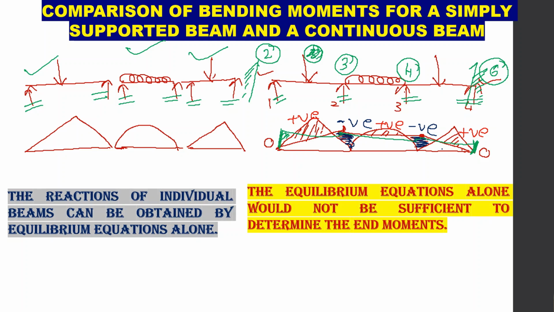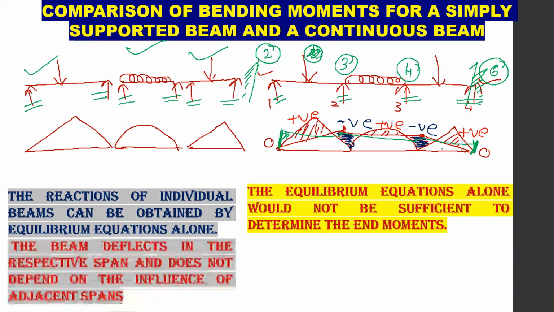So totally you will have 6 reactions. Now, we have only 2 equilibrium conditions, but we have 6 unknowns. So the equilibrium equations alone would not be sufficient to determine the end moments.